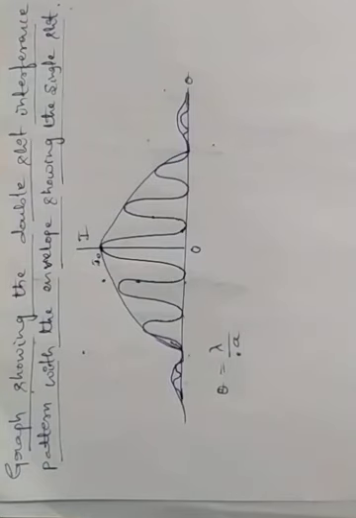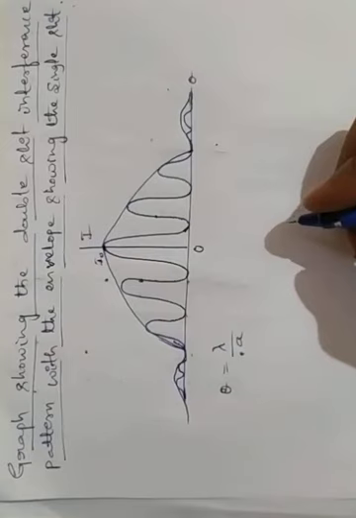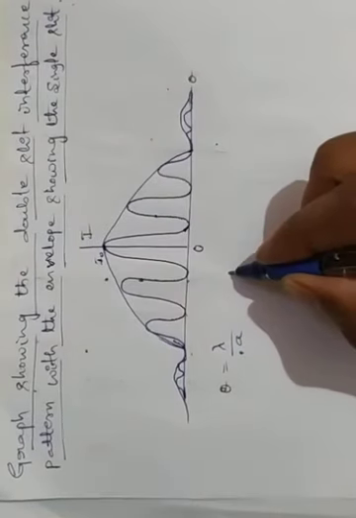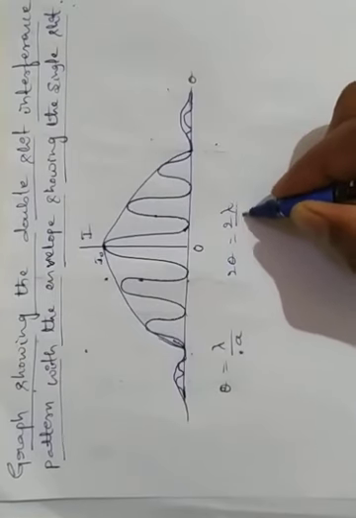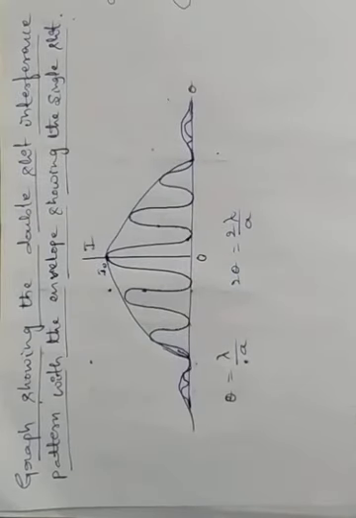This is the angle of diffraction. Here, for the first secondary minimum, they are asking for 2 theta, which is nothing but 2 lambda by a. So this is the angular width of the central maxima.